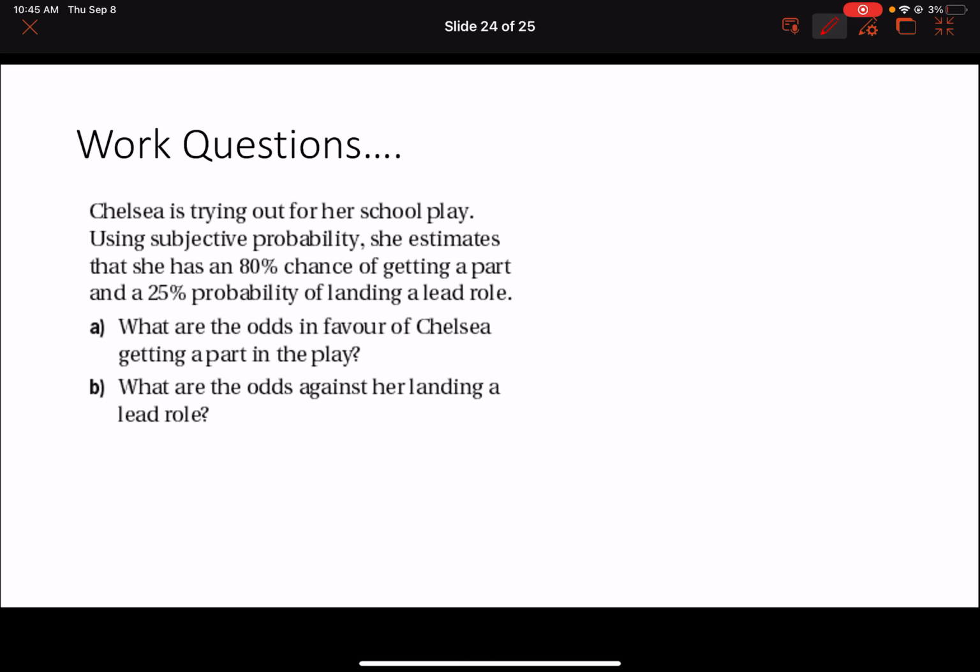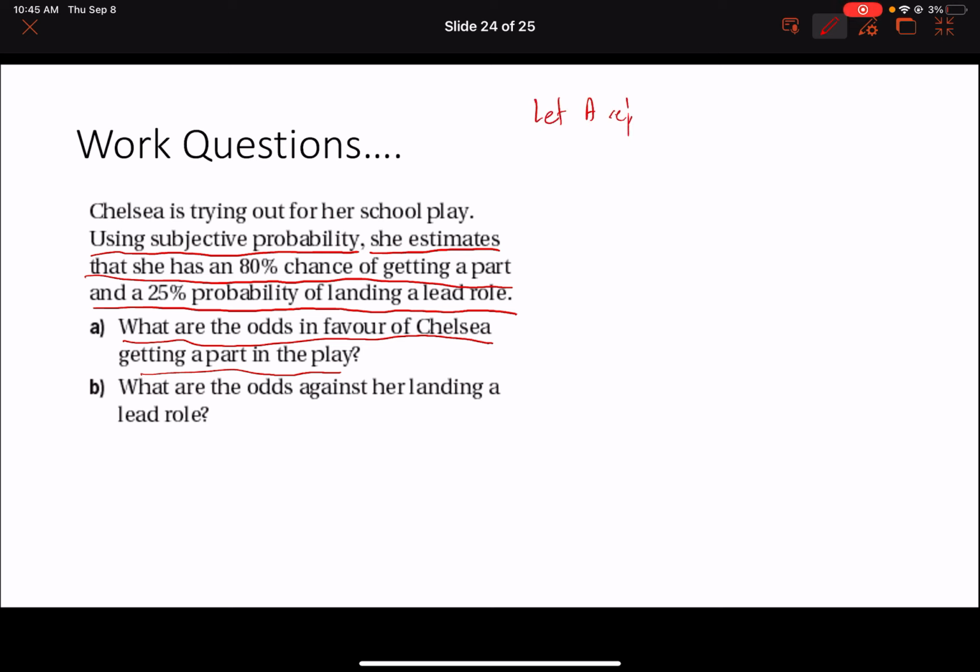Chelsea is trying out for her school play. Using subjective probability, she estimates that she has an 80% chance of getting a part and a 25% probability of landing a lead role. What are the odds in favor of Chelsea getting a part in the play? So let A represent Chelsea getting a part, and let B represent Chelsea getting a lead.